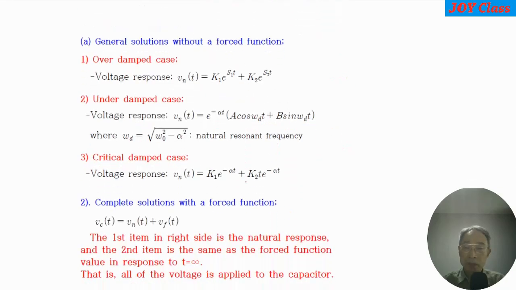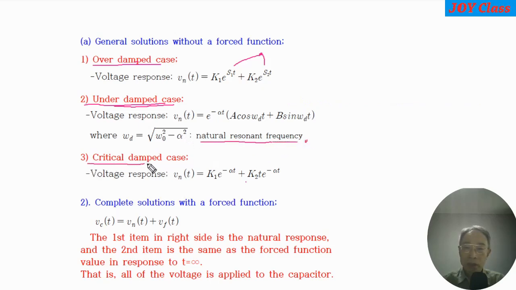Here are the 3 general solution types. First, the overdamped case. The voltage response is Vn(t) equals K1 e^(s1 t) plus K2 e^(s2 t), where s1 and s2 are roots of the characteristic equation. Second, the underdamped case: Vn(t) equals e^(-alpha t) (A cos omega_d t plus B sin omega_d t), where omega_d is the square root of omega0² minus alpha², the natural resonance frequency.